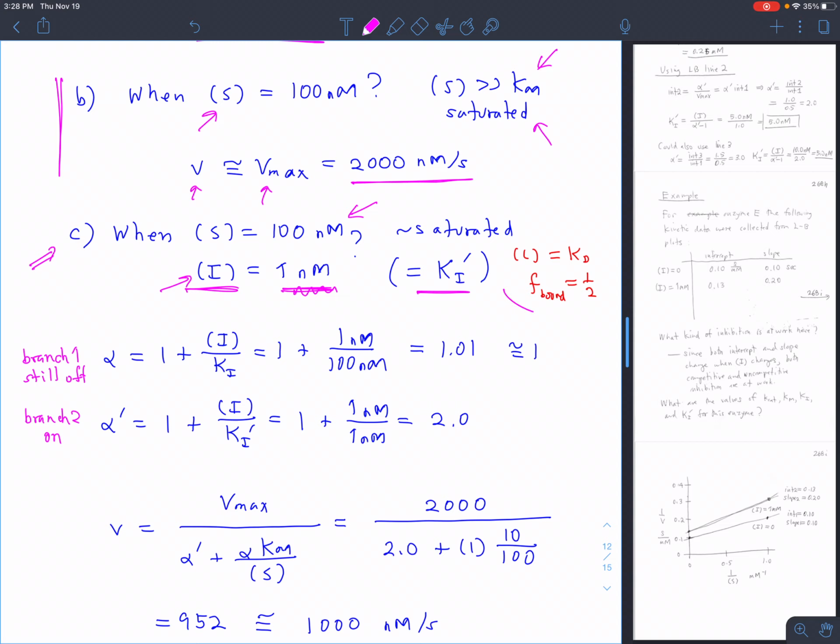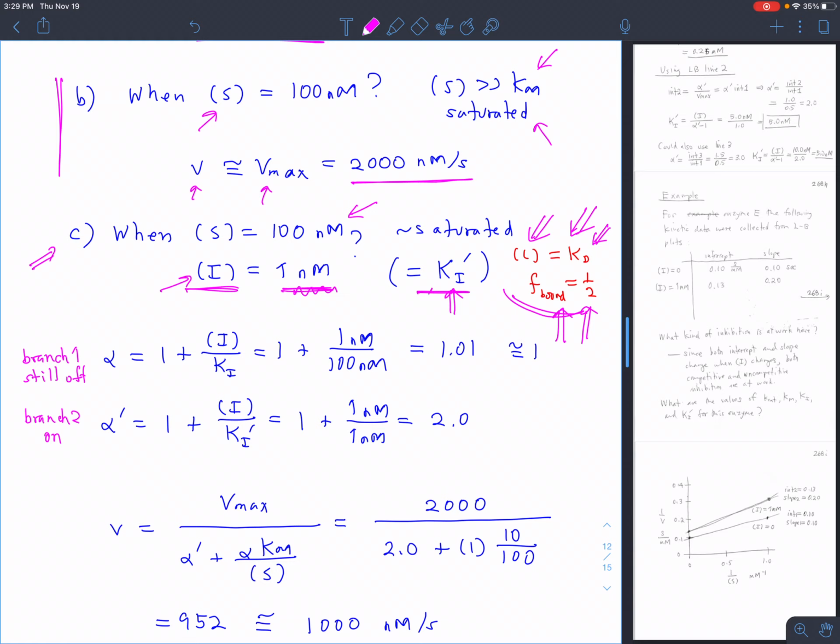Also, it's worth pointing out that Ki prime here, and also Ki for that matter, are Kd values. And when we were looking at binding, we know that if the ligand concentration is equal to the Kd value, then you're going to get your enzyme or protein half saturated. Half of the enzymes are going to have a ligand bound to them, or are going to be occupied.